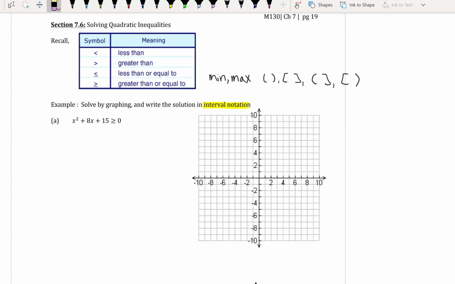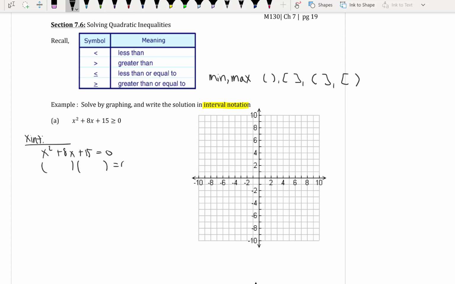All right, so if I'm going to solve by graphing, the first thing I want to do is graph this. The first thing maybe that I want to do is find the x-intercepts. So I have x squared plus 8x plus 15 equal to 0.